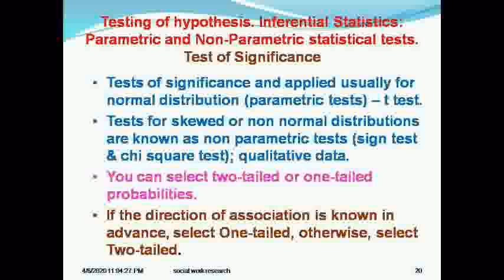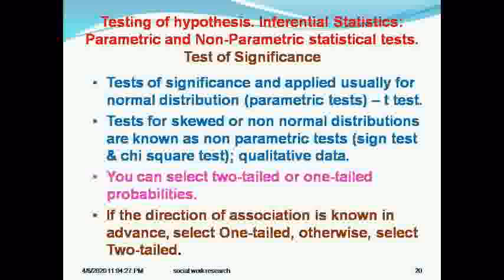Suppose we know higher the income, higher the expectation, which means we know in advance there is a positive correlation between the income and the expectation, which means we have to use the one-tail test to assess the significance of this relationship between income and expectation.